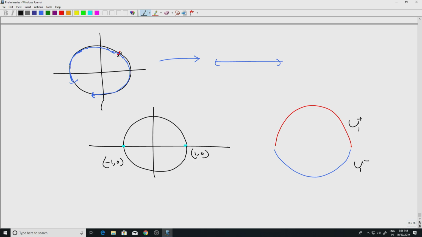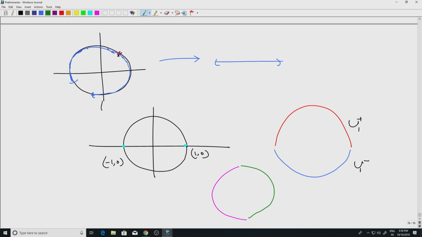So what I'll do is I'll take the left, oh, this may not be so visible, so let me take a darker color. So I'll take the left semicircle, the right semicircle.